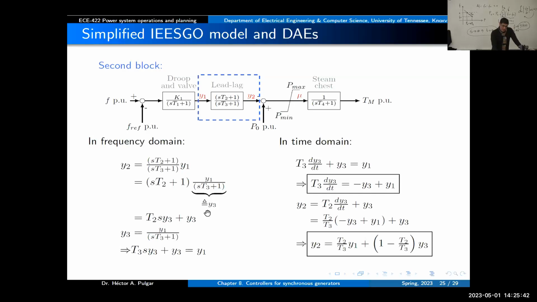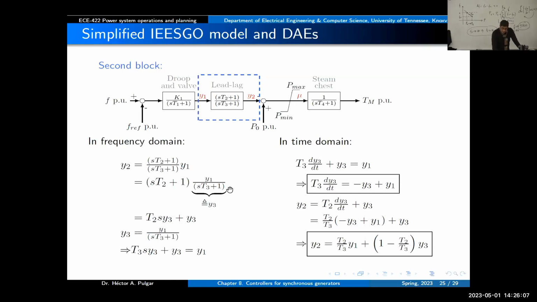So we're going to define it, as you can see here, as Y3. This block is going to be Y3. So if this is Y3, what you have for Y2 is nothing else than T2 S Y3 plus Y3, all in frequency domain. So we have an equation. If we know Y3, this is how much Y2 will be.